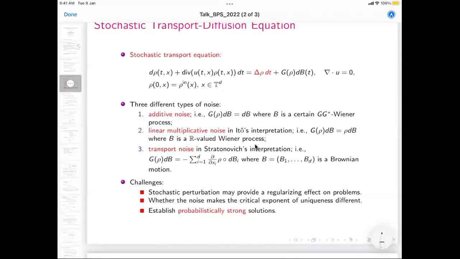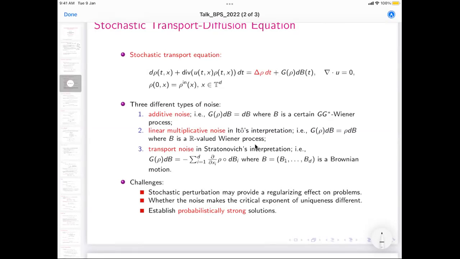But I agree with you, one can try different types of noise to see. That effect is here. For example, the stochastic term will give you something like a Laplace. That's there, but still not strong.